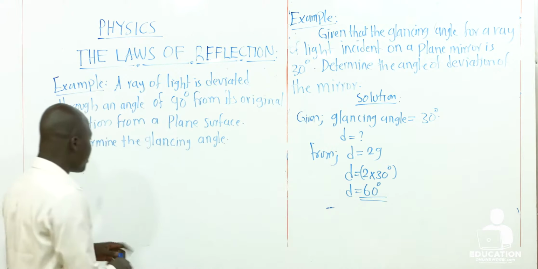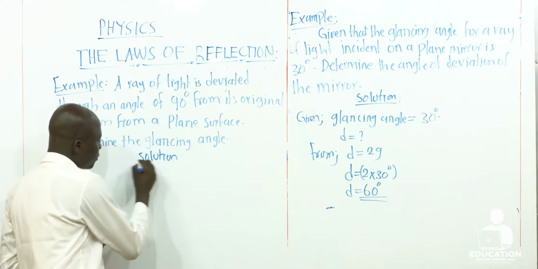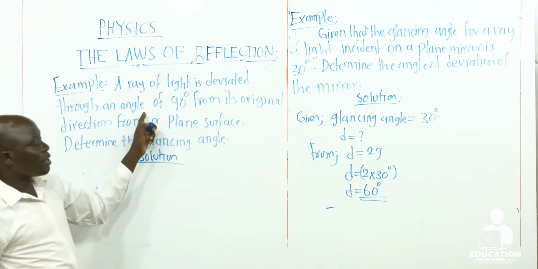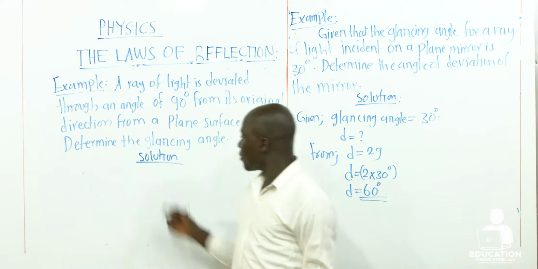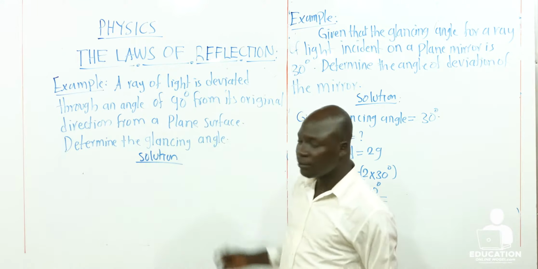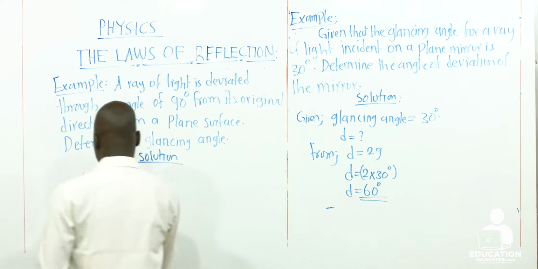So we are going to write the solution. Then when we read through the question, let's find out what is given in the question. So reading through, we shall find that the angle of deviation is given to be 90 degrees.